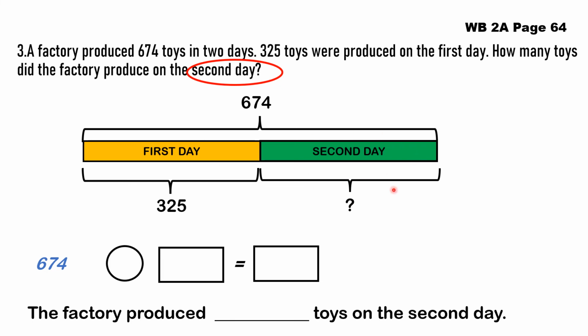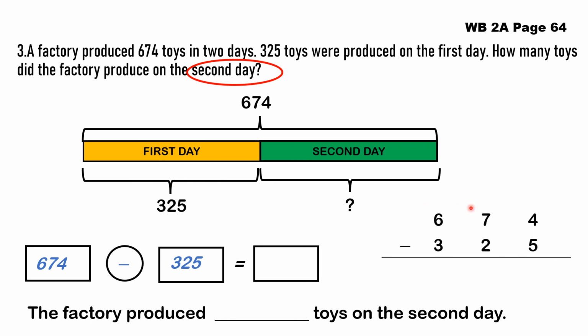So to find the second day, we have to subtract the total number of toys, which is 674, minus 325. Okay, so this will be your working. And we start from the back. So 4 minus 5, we cannot minus. We have to borrow from digit 7 in the tens.